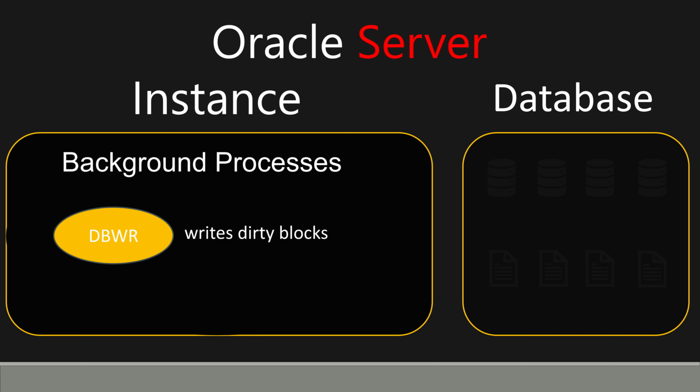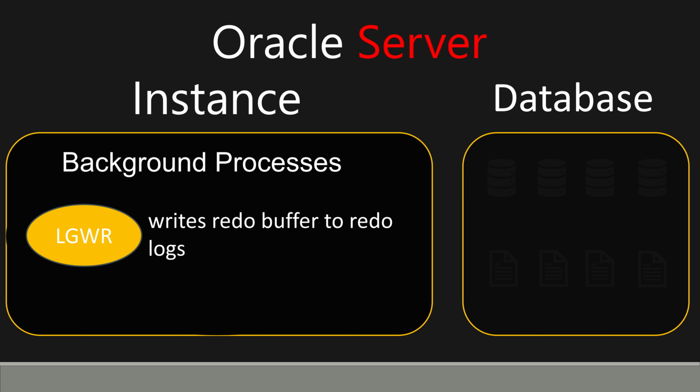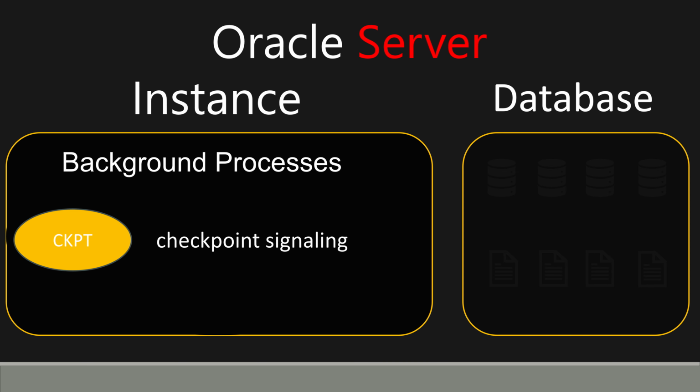This ensures modified data eventually gets persisted to disk. Log writer or LGWR process writes redo from redo buffer into redo log files. Redo is always written before modified data blocks are written to data files. Checkpoint process signals checkpoints and updates checkpoint information in the control files and data file headers.